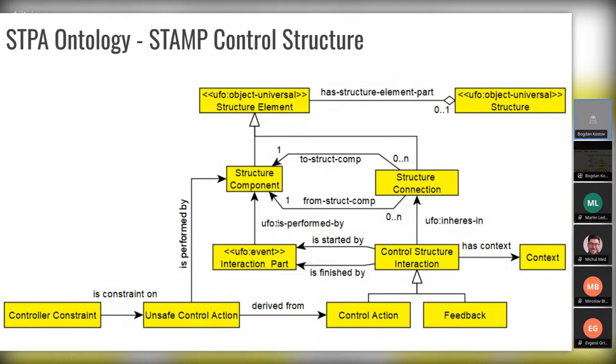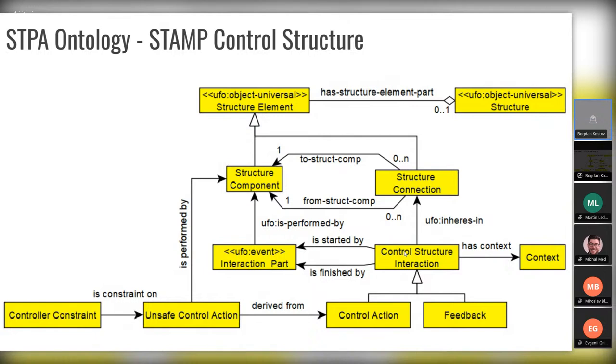So these are the controllers and the control processes, and these are the interactions between them. So is it maybe the feedback or the control action? So the connection is directional, and each connection can have multiple types of interactions.